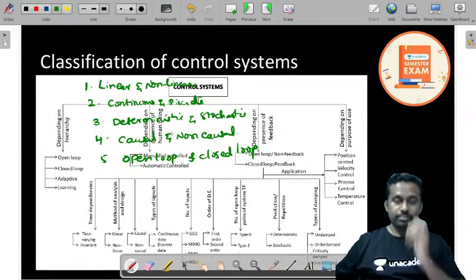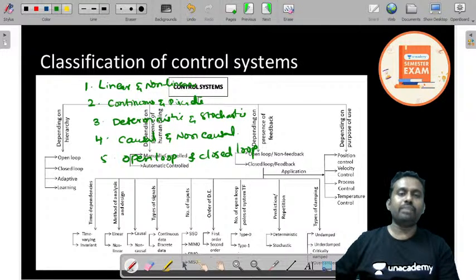So these are the major classifications, and the rest of them are part of these things. So you can classify the control systems basically into these 5 categories.